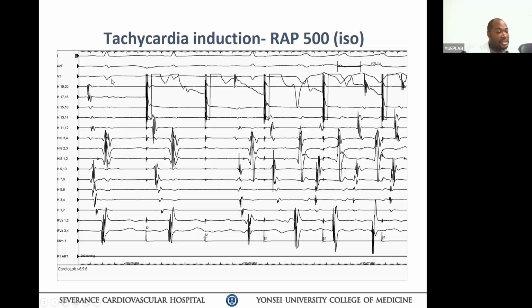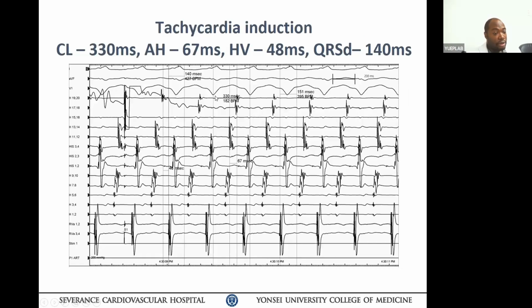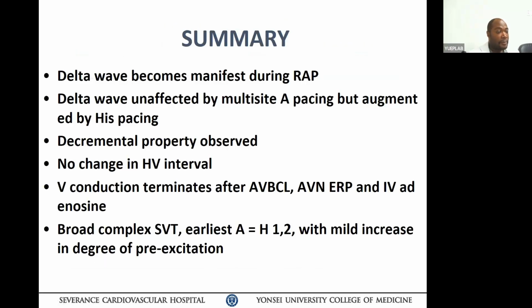Whereas at baseline we had a narrow complex, at the onset of tachycardia we developed a broad QRS. So this was the measurement for the tachycardia: cycle length of 330, AH interval of 67, HV of 48, and QRS duration of 140, which is consistent with the pre-excitation.